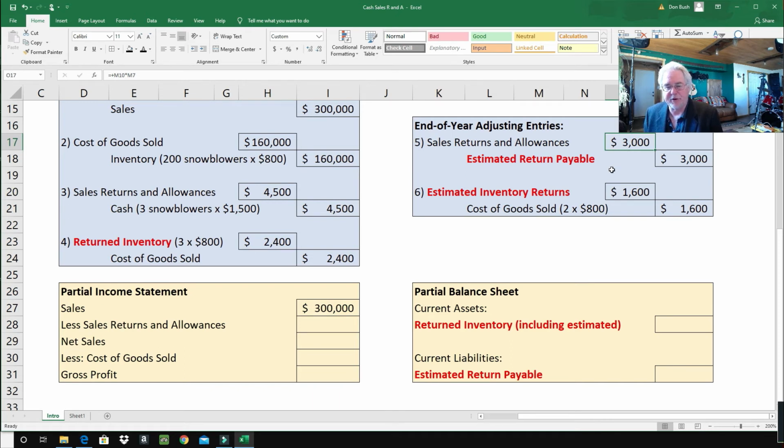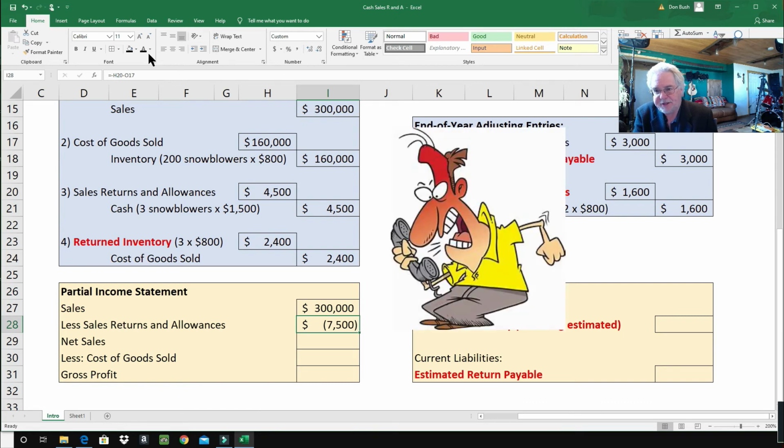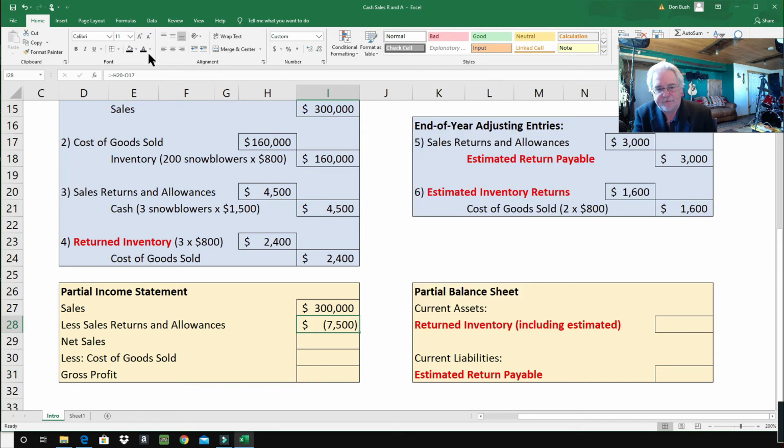So $4,500 and $3,000 is a grand total of $7,500, and it's listed as a negative number because sales returns and allowances is a contra sales account. In addition, sales returns and allowances, at least I think of it as my customer unhappiness account. I want to keep that sales returns and allowances as small as possible, even 0 if possible.